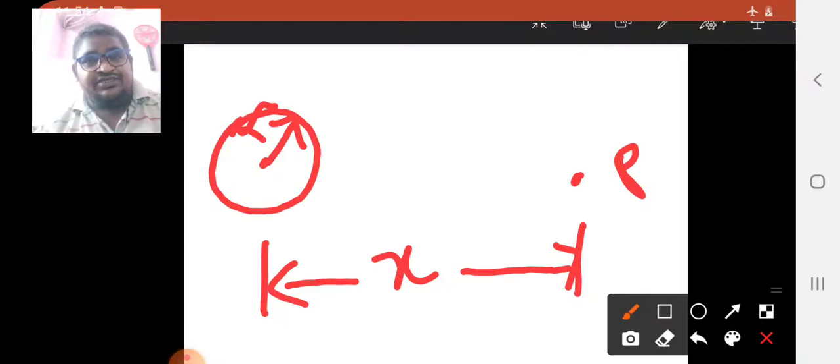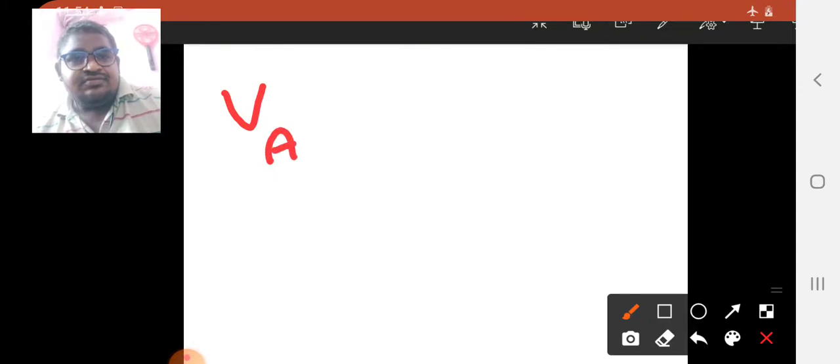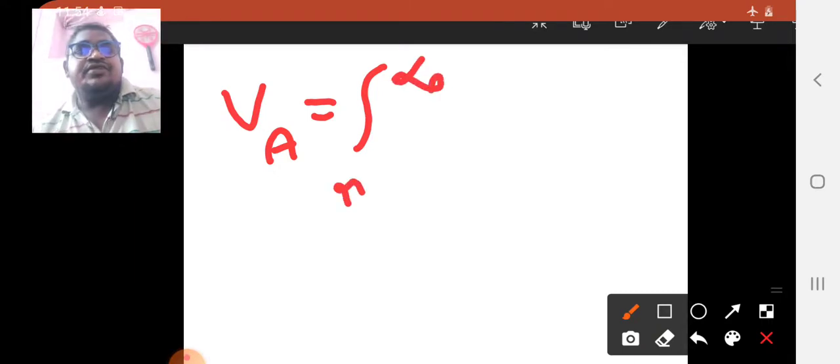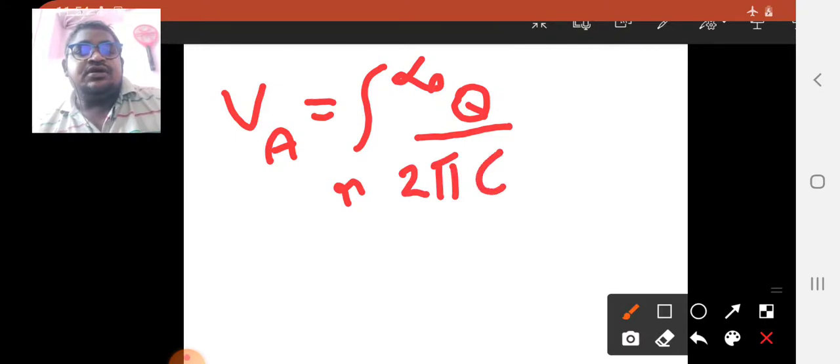The potential difference between conductor A and infinity distance is given by VA is equal to integral R to infinity Q by 2 pi epsilon x into dx.